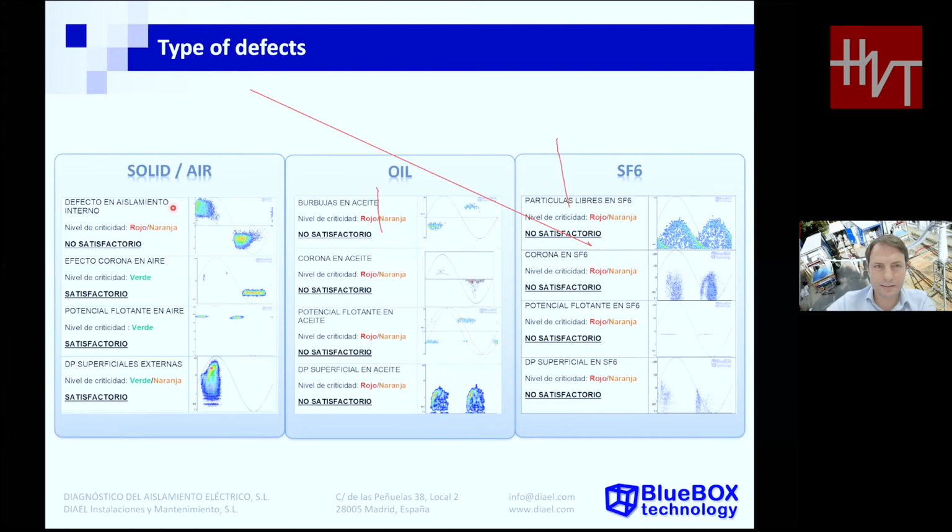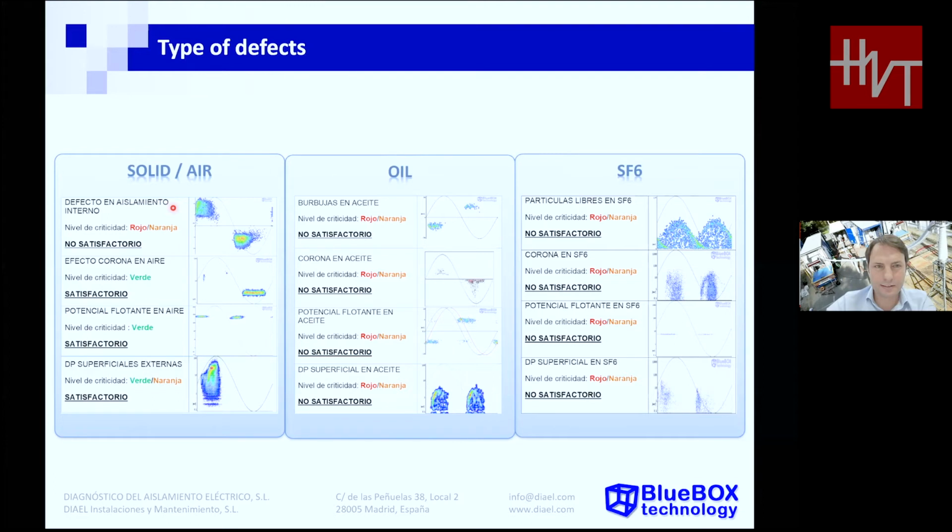We identify the level of the activity by the magnitude of the PDs, of course. We will be measuring in millivolts if we are measuring in service, or we can also measure in picocoulombs, but this level is very important for some of the phenomena, not for all of them. And we always have to analyze the number of pulses per period of the voltage, because it's very important.